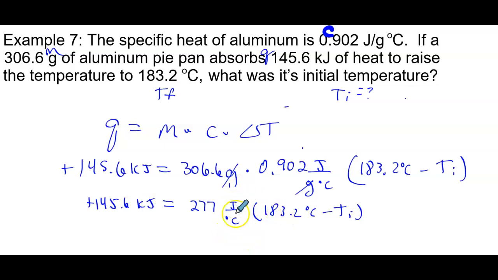Okay, so I don't want to distribute if I can avoid it. There's no reason to distribute. I can divide both sides by 277 joules per degree Celsius.